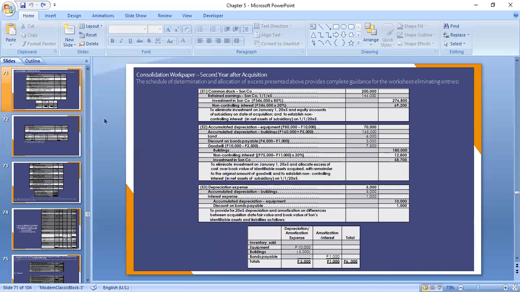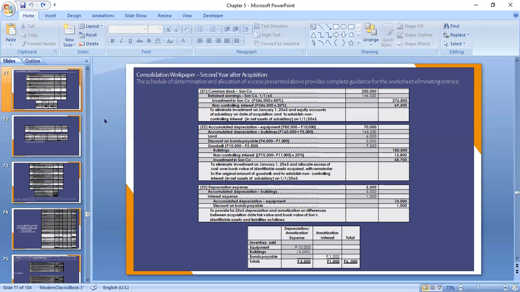We debit common stock in the books of the Sun, we debit retained earnings, for the retained earnings of Sun, credit investment in Sun, credit non-controlling interest, to eliminate investment in January 1, 20x5 and equity accounts of subsidiary on date of acquisition and to establish non-controlling interest in net assets of subsidiary in January 1, 20x5.